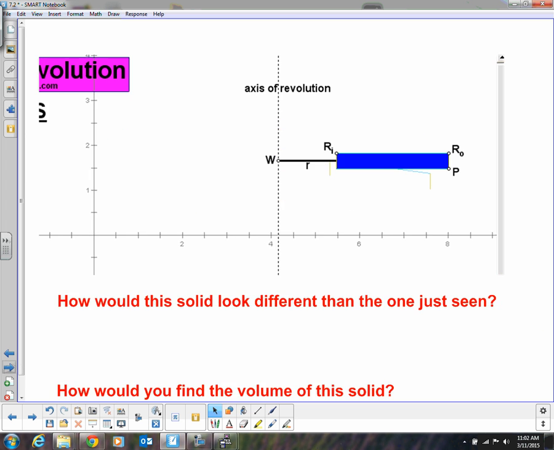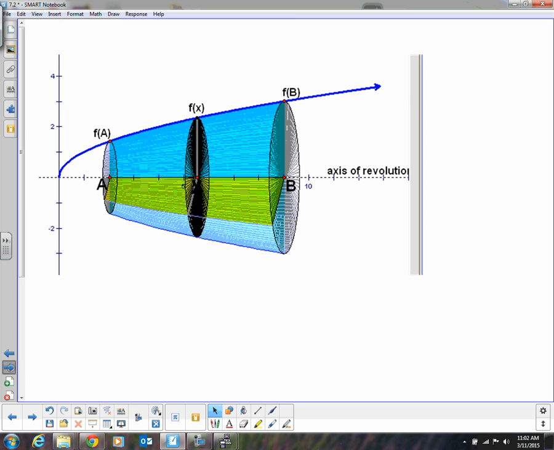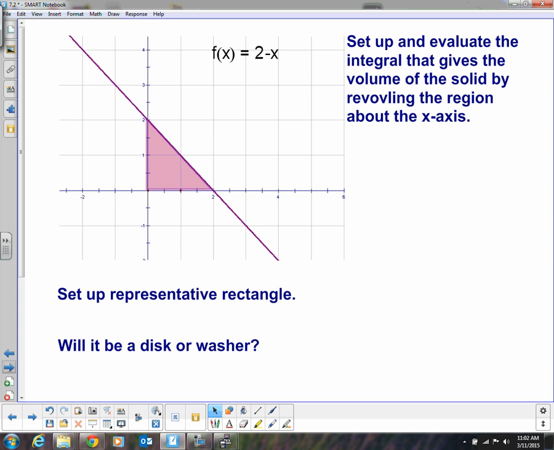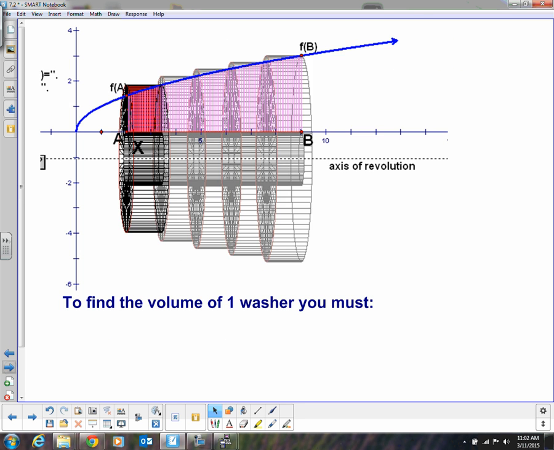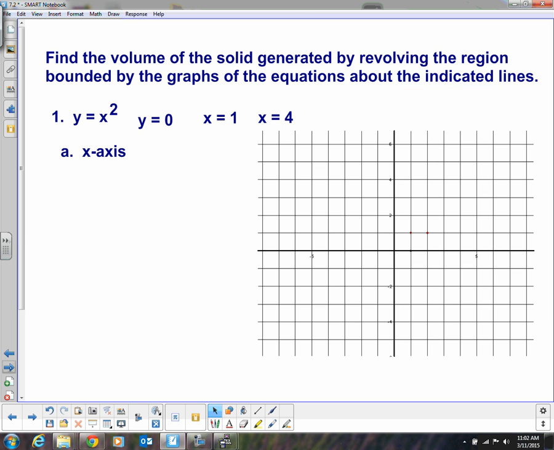So we are going to go to the notes, to that section where I started writing problems. The first year I taught this, my kids needed more work. So I thought I'd be really smart, and instead of having them graph a lot, I would only give them 5 problems that they had to graph, and then all I would do is change the axis of revolution. Doesn't that make sense?